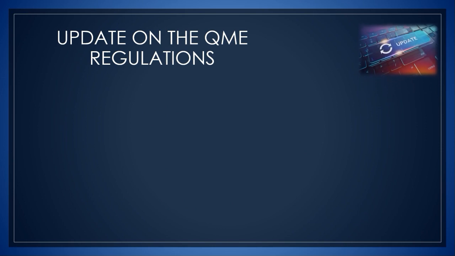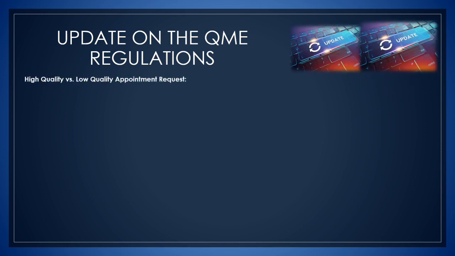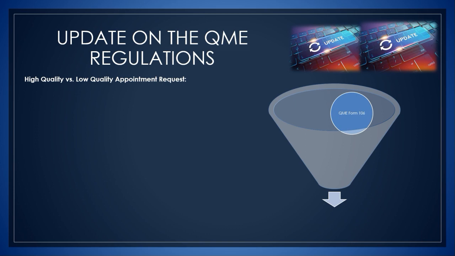Well, what about the strike letters? So far, we've got no QME Form 106, no copy of the panel. What about the other pieces of information, such as the strike letters?